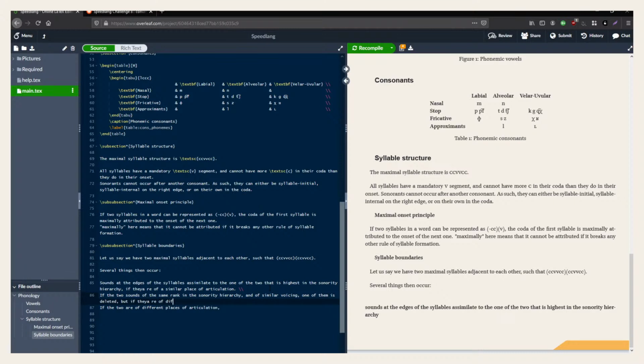They are of different voicing. If one of them is voiced and the other isn't, only the unvoiced one remains.